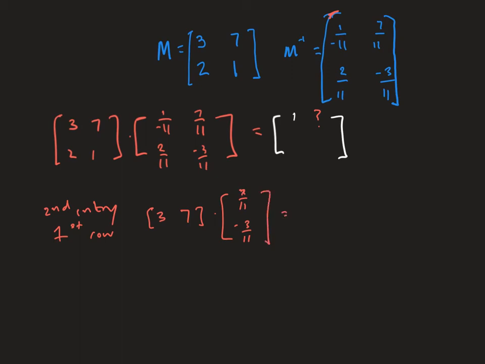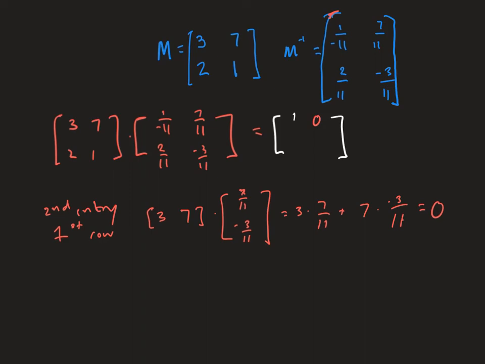For the dot product, you take the first entry of the first row, 3, times the first entry of the column, 7 over 11, because we want corresponding entries: first with first, second with second. Then plus the second entry in the row, 7, times the second entry in the column. We add, so we get 21 over 11 minus 21 over 11. That gives us 0. So right there in the second entry, we will have a 0.